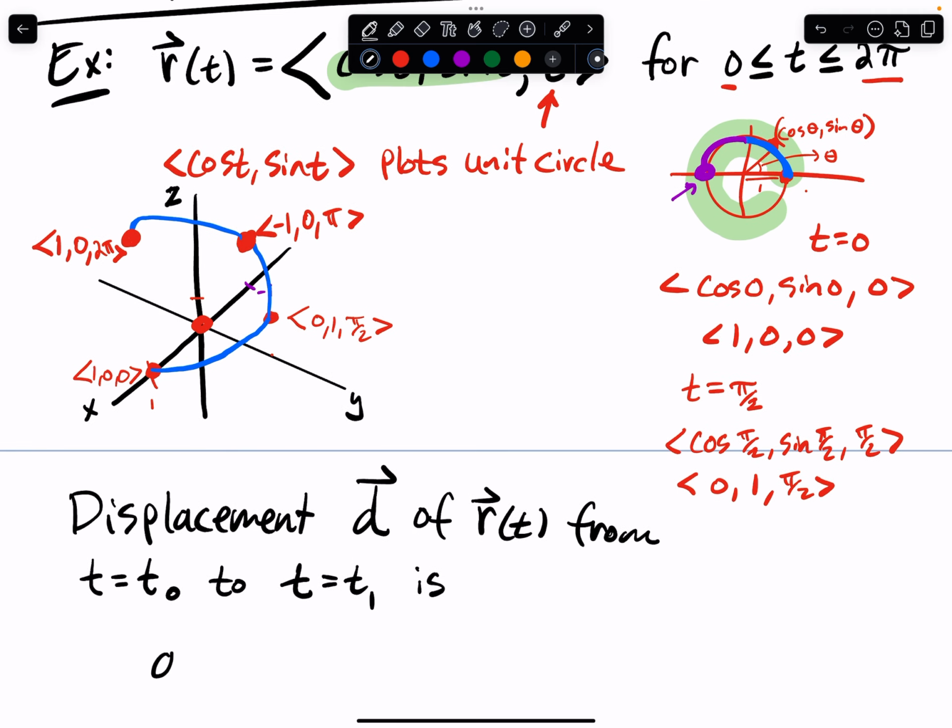It's r of t1 minus r of t naught for t naught less than t1.